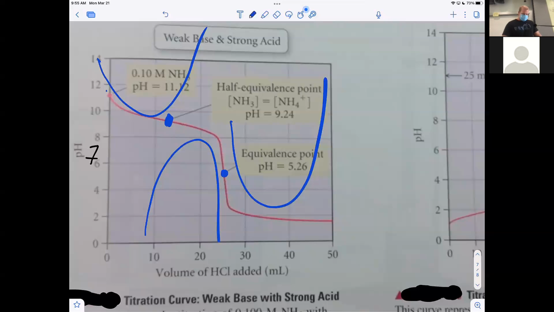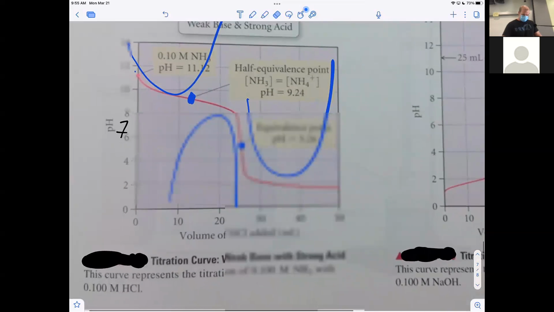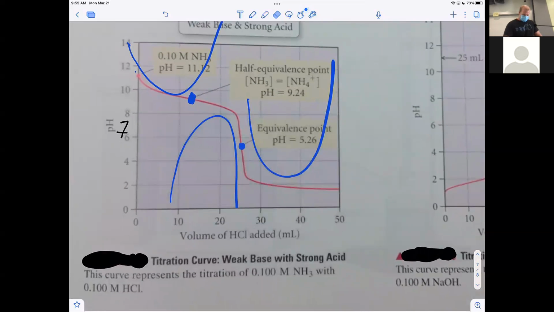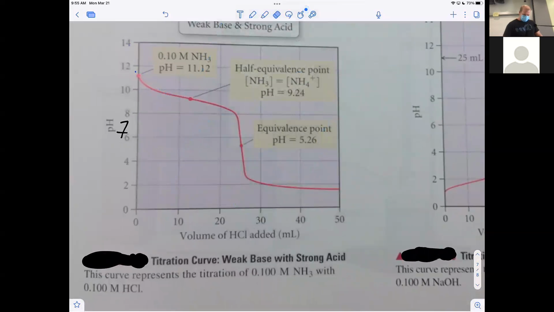And this equivalency point, so this one's ammonia with hydrochloric acid, and the equivalency point is less than 7, so 7 is right there.